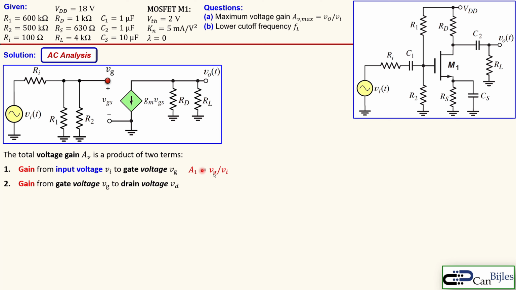Now, the A1 is the VG divided by the VI. That's this one, which is actually a voltage divider, since this circuit part is disconnected from the right side of the circuit, because there's an open circuit here. And we can say VD, which is the drain voltage. Then you can say A2, which is the second part, is VD, that voltage, divided by the VG.